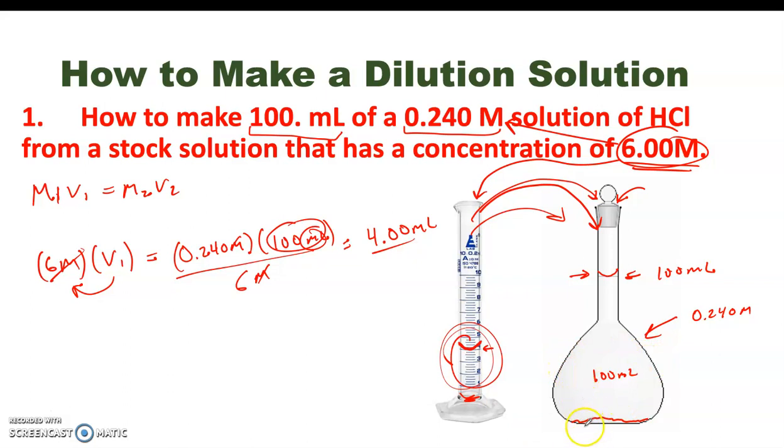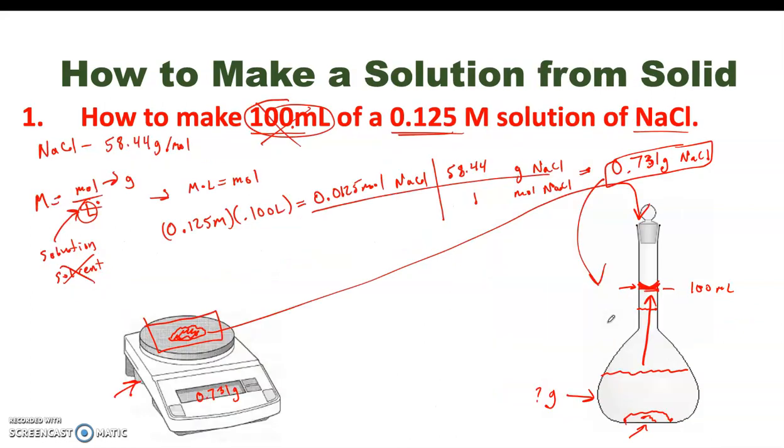And the answer is no, because it's already dissolved down here. You're not trying to dissolve it, you're just diluting it. So it's not a big deal for this one. You just pour your first liquid in, the initial volume into here, and then you just fill it up to the 100 milliliter mark. So that is how you make solutions from dilutions, or you make solutions from solids.